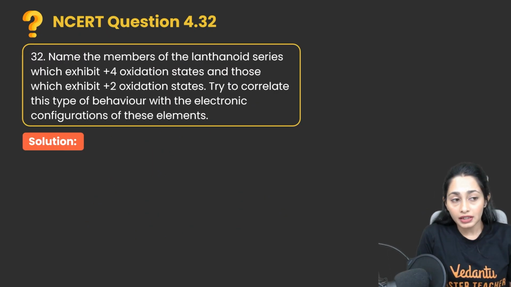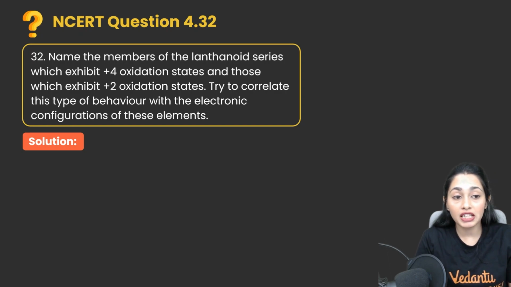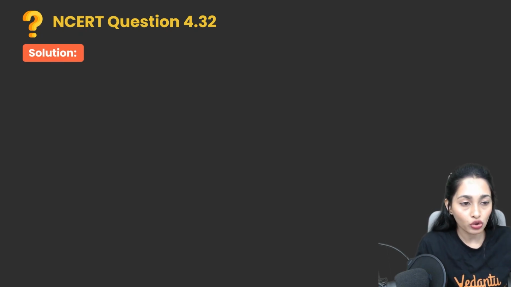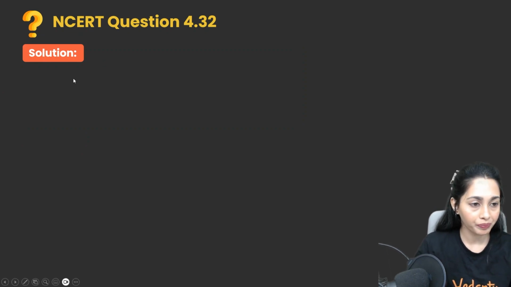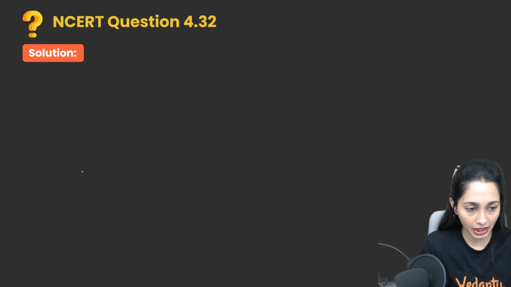Very simple. 32nd question. Name the members of the lanthanoid series which exhibit +4 oxidation state and those which exhibit +2 oxidation state. Try to correlate this type of behavior with the electronic configuration of these elements. Let's make a column so that we distinguish it entirely.